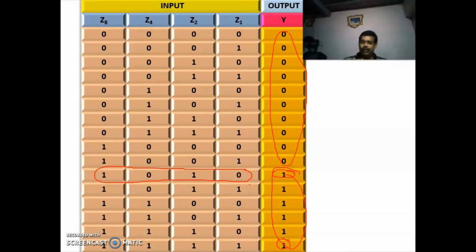So our circuit will find a number greater than 9. In BCD addition, if you get a number greater than 9, then the sum is invalid.